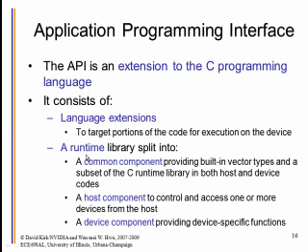The runtime library is split into the following: a common component, providing the built-in vector types and a subset of the C runtime library in both host and device code. In the example we did earlier, we have the host code to compute the result, which we call the Oracle, and we also have another piece of program that is executed on the device.